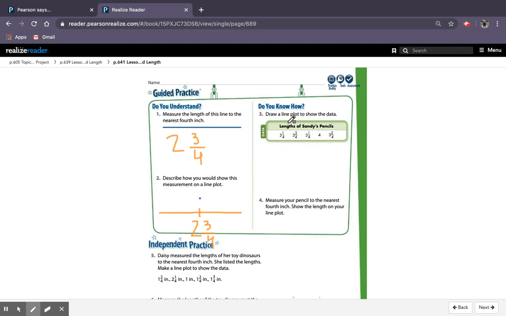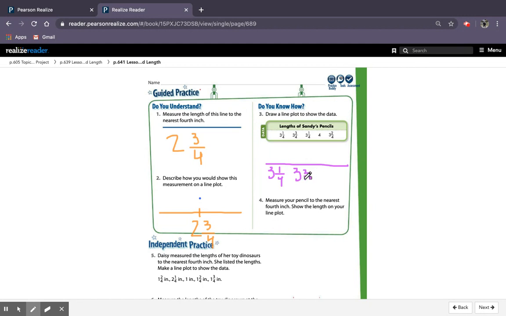Okay. Over here, for number 3, it says draw a line plot to show the data. So let's do a number line. I'm going to start with my smallest, which is 3 1/4, and 3 2/4.